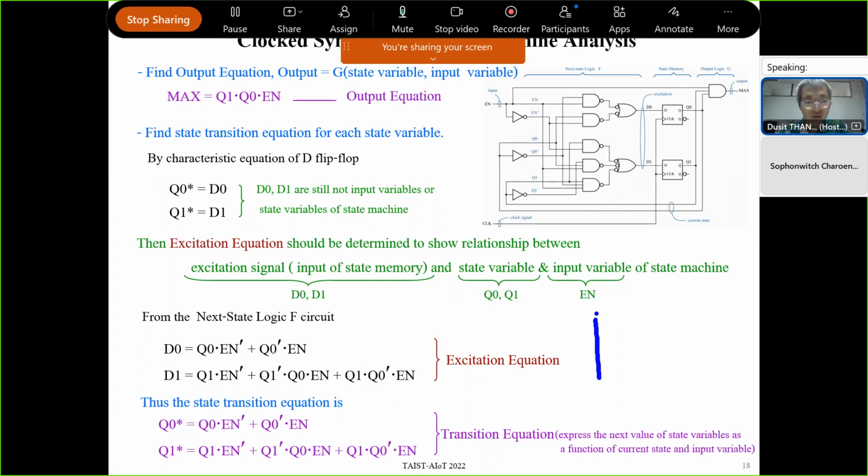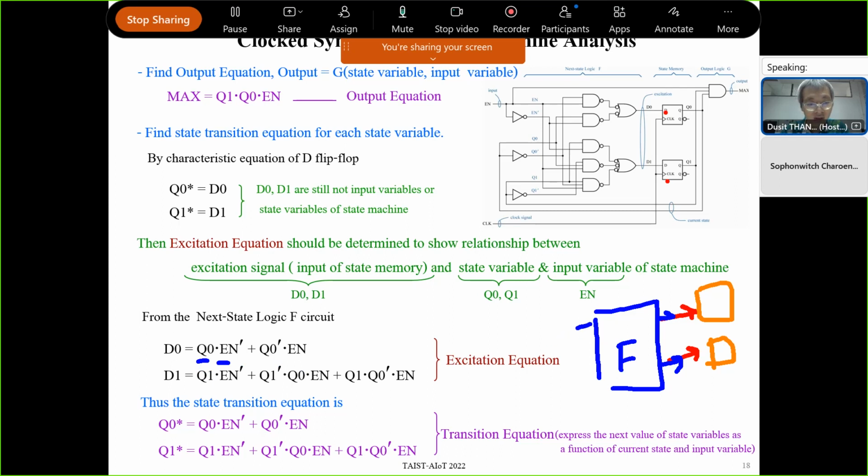We show the relationship between the output of circuit F that feeds to the flip-flops. In this case, two flip-flops: this is D0, D1. They relate with what?